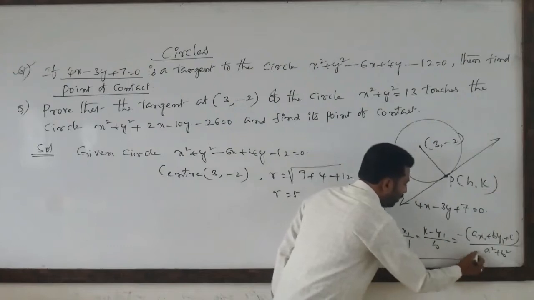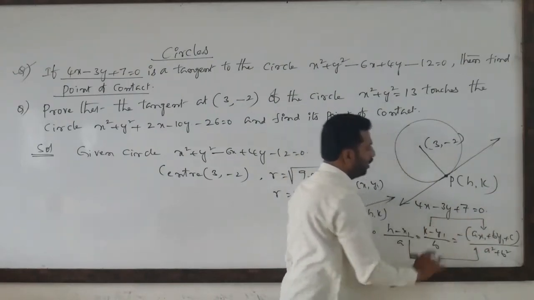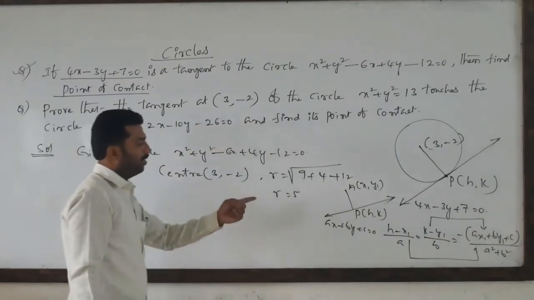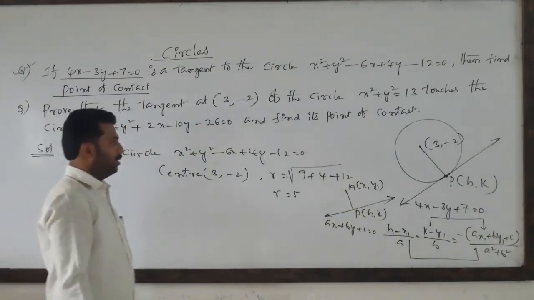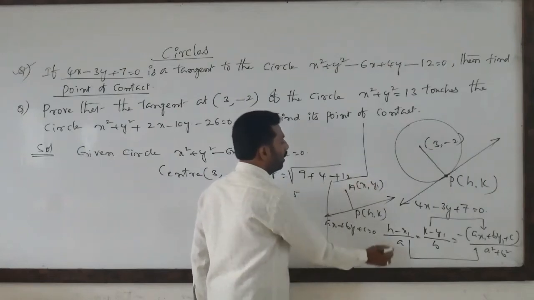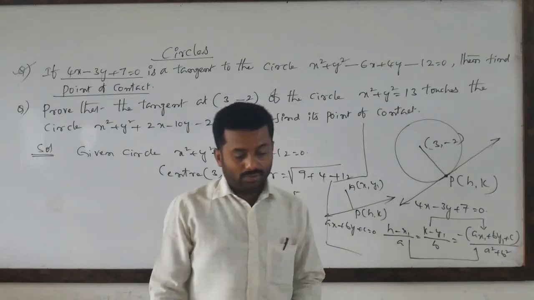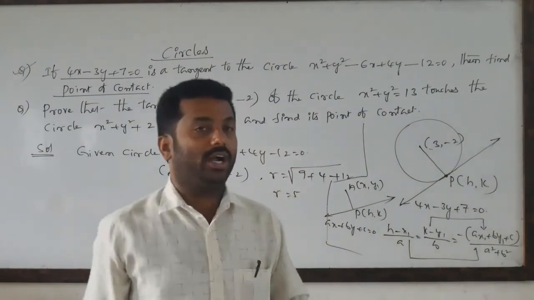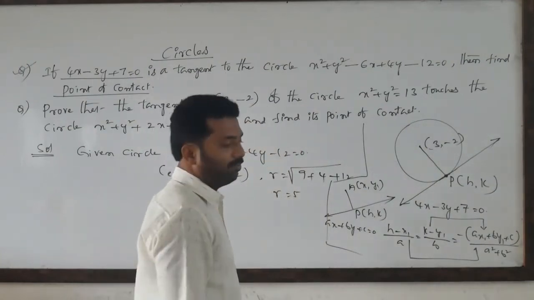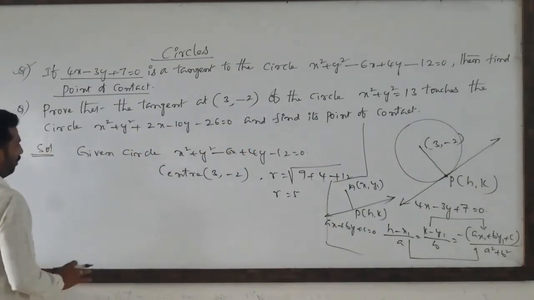If you equate these, you will get the h value and the k value. So h comma k you have to calculate. We already discussed this type of formula in straight lines. Whenever you want to calculate the point of contact, you have to calculate the foot of the perpendicular.